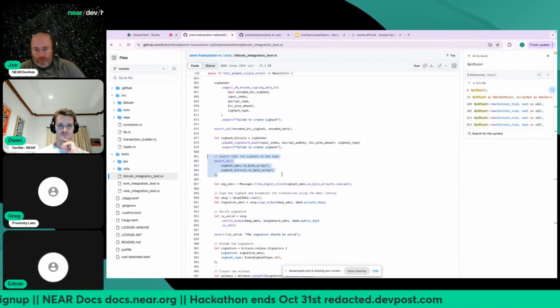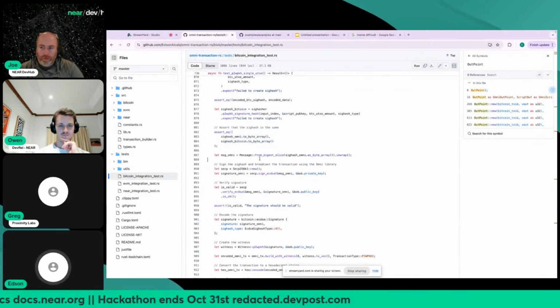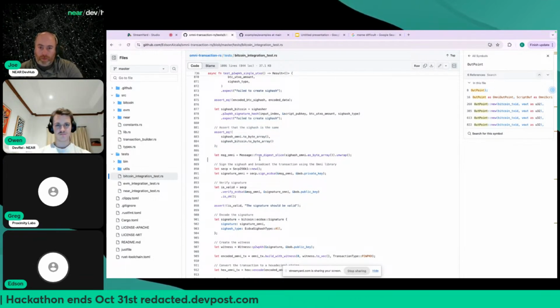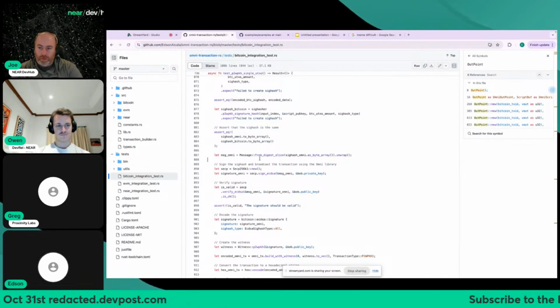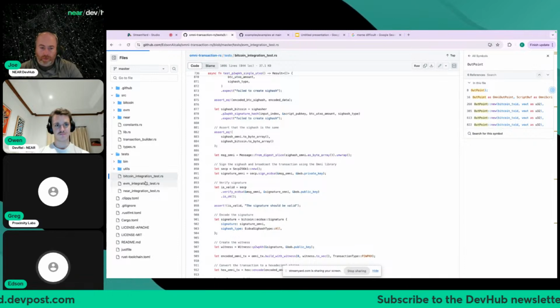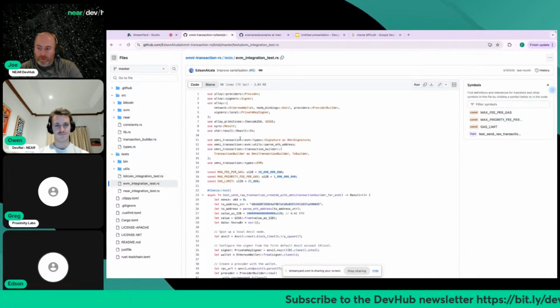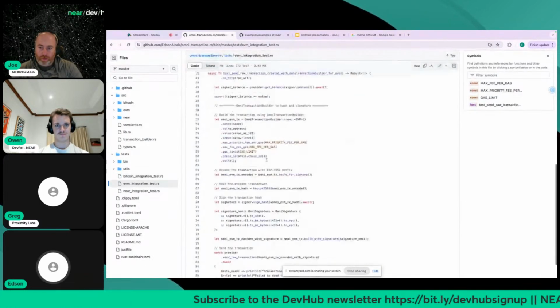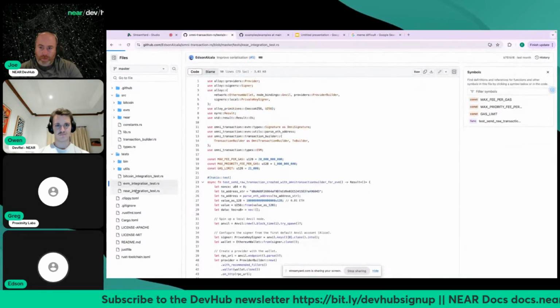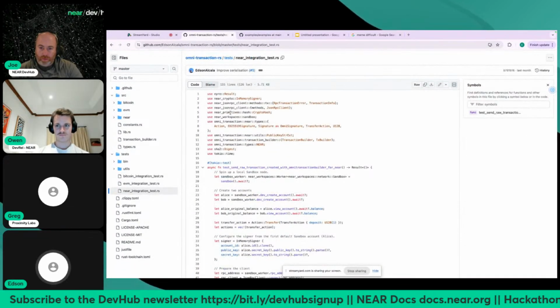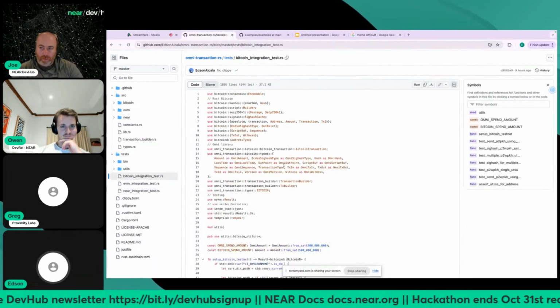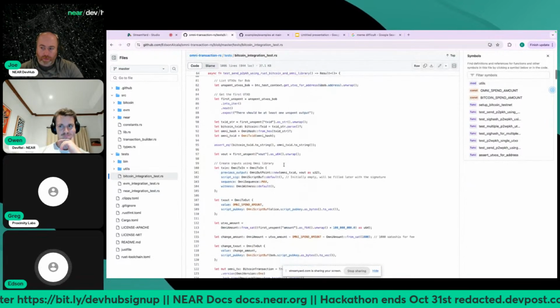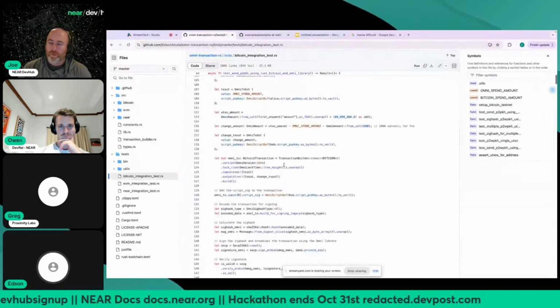We have this for all the libraries. Even for EVM, we are doing the comparison against Alloy. For Neo, we're also comparing against Rust Primitive. So yeah, we know that the encoding is okay.